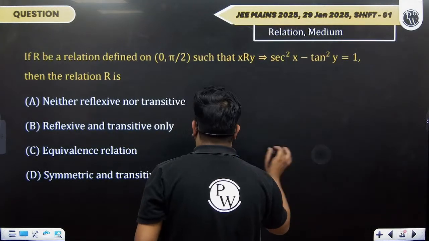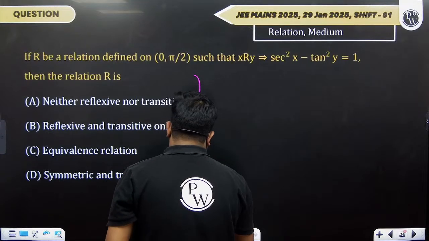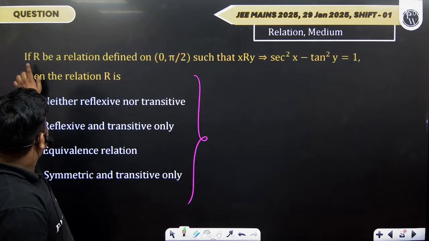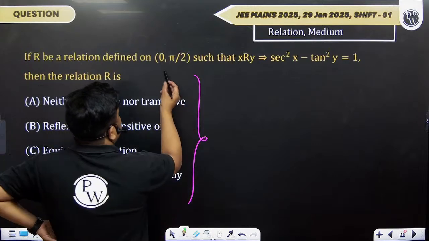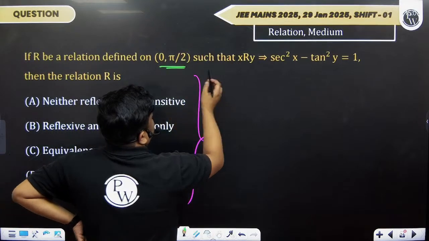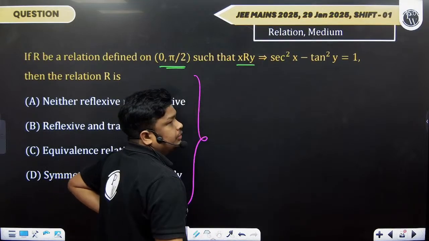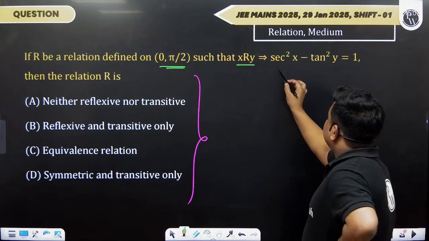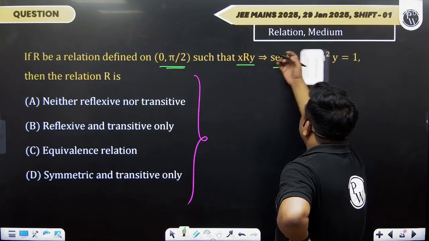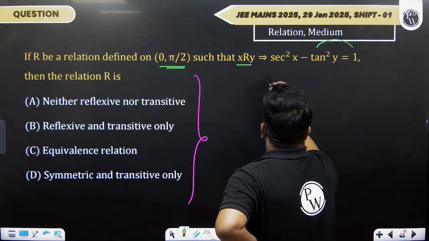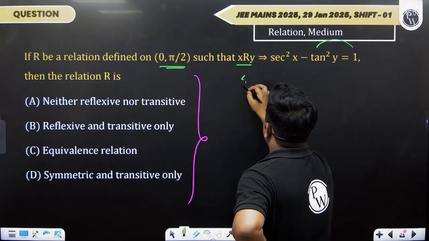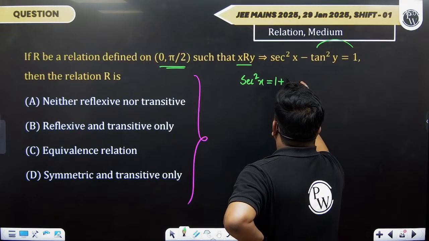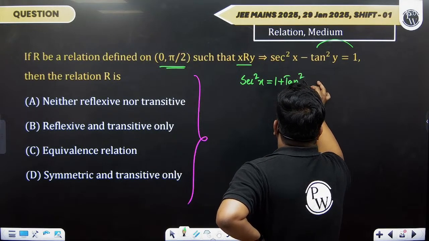Next one is this one. So if you see, this question is saying if R is a relation defined on 0 to pi by 2 such that x relation y is such that this is equal to 1. So what we can do is we can take tan square y to that side. This becomes secant square x equal to 1 plus tan square y.